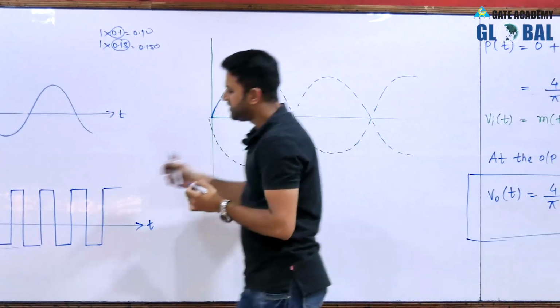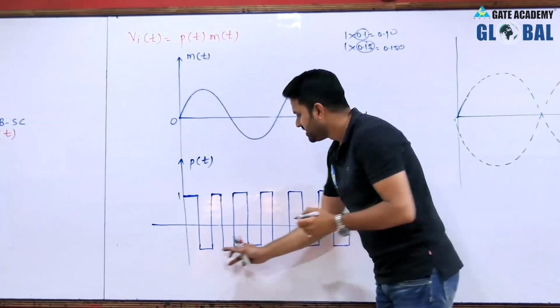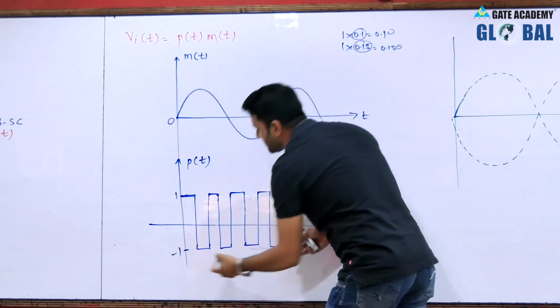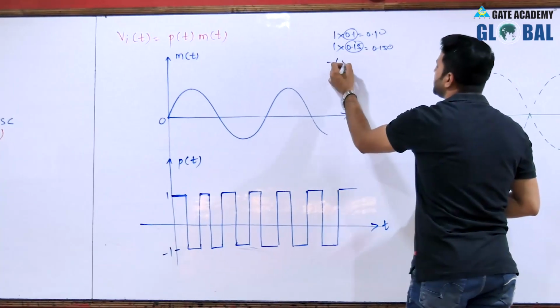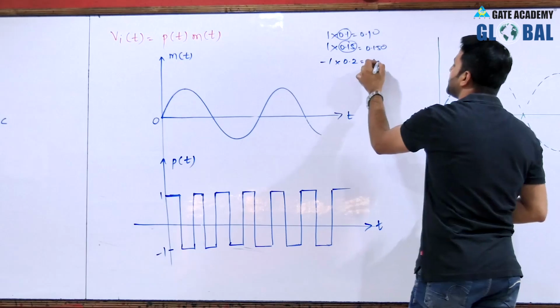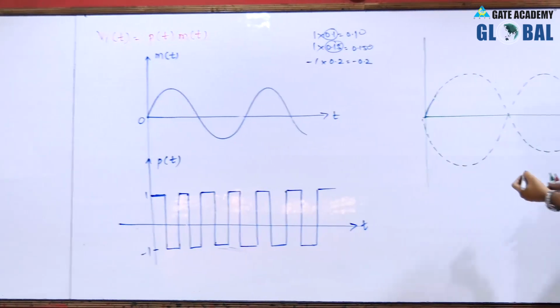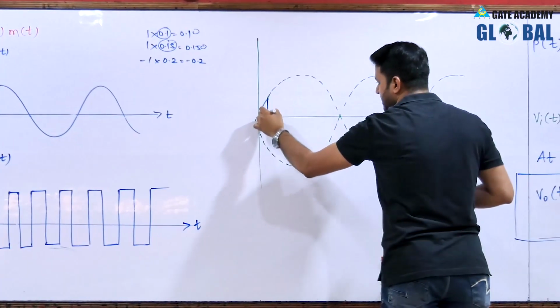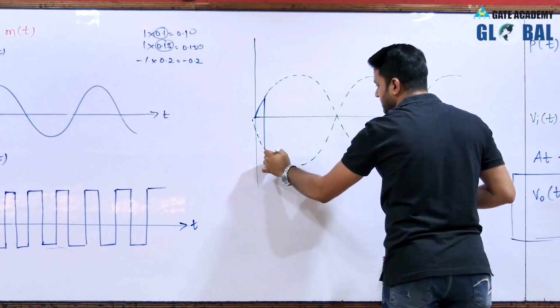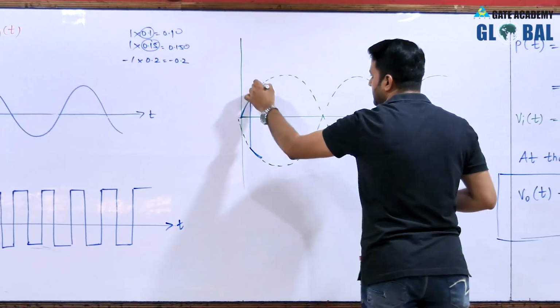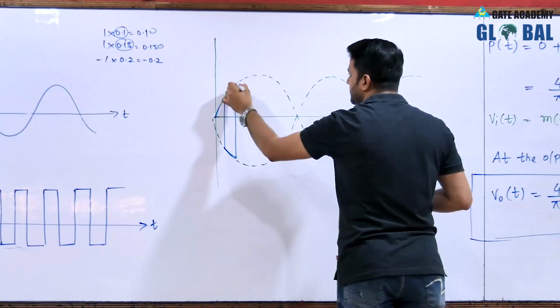But once it goes into the negative side, it will be multiplied with -1, suppose. So if you multiply -1 with 0.2, then you will get -0.2, that means you will get a negative value. So the value is now negative. In this way we will get the output.